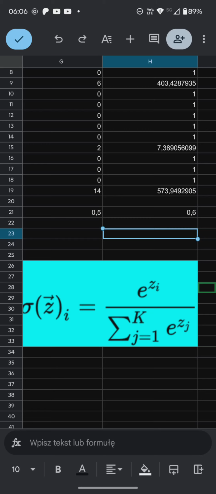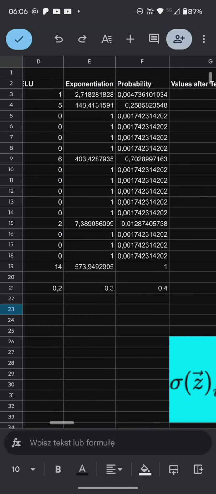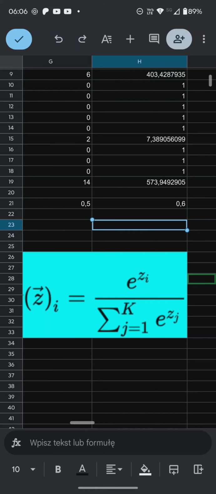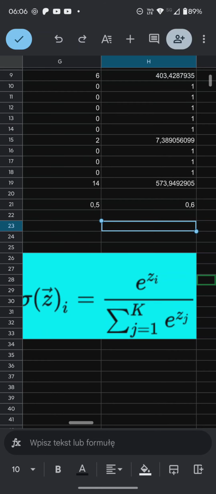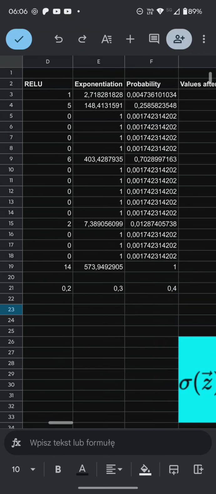And to get a probability, you just divide by the sum of those results, because in the denominator you have the sum of e to the logit over all logits.